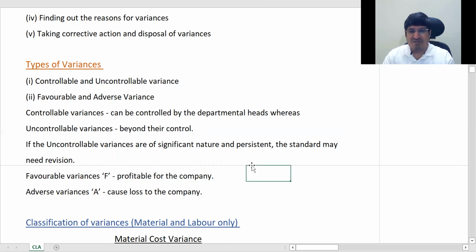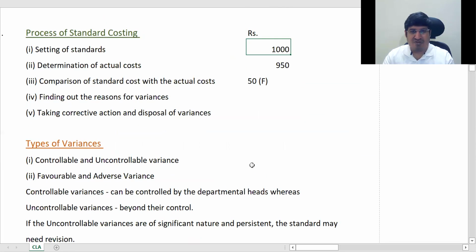Always remember, let's see in the earlier example also, if this is cost, what I said is correct. Now this is 1000 standard, this is 50, and 50 is favorable. But what if it is sales or profit? If it is a standard for sales or profit, then this becomes adverse, correct?